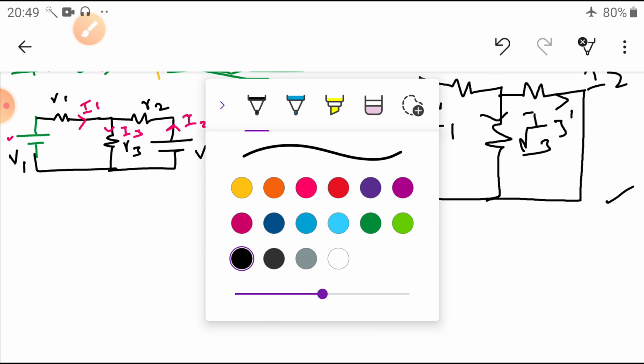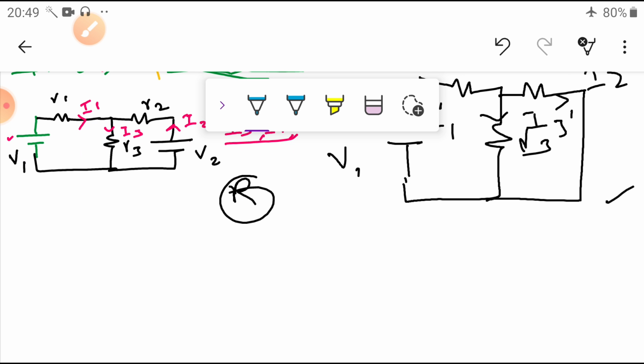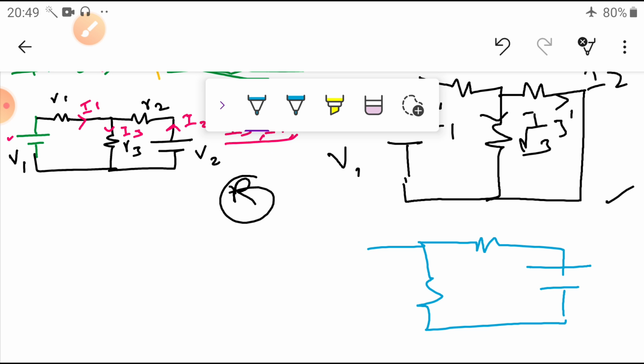Now, in this case, on the second side, this source is applied and the resistance is connected here. Here, remove the source now. Now, what is happening? V1 is removed. Here is R1, this is R2, this is R3.